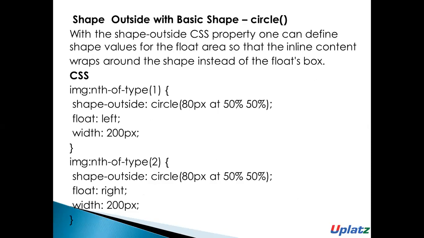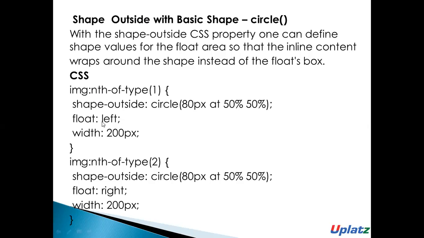Next is shape outside with basic shape. One can define a shape for the float area, so the initial content will be wrapped around that instead of the float box. In the CSS, for the image nth-of-type, the first one, I have given shape-outside circle of 80 pixels at 50% 50%.